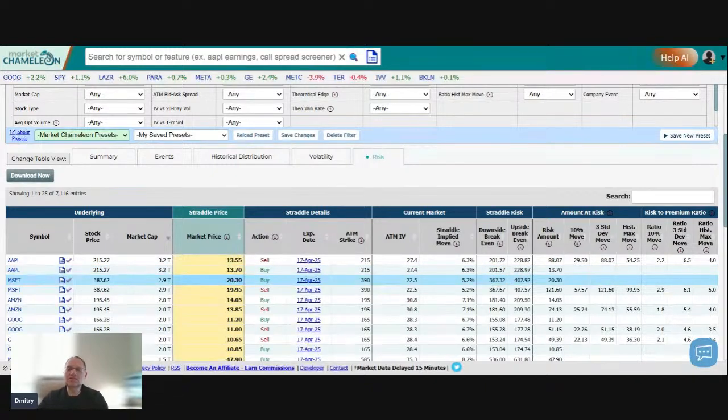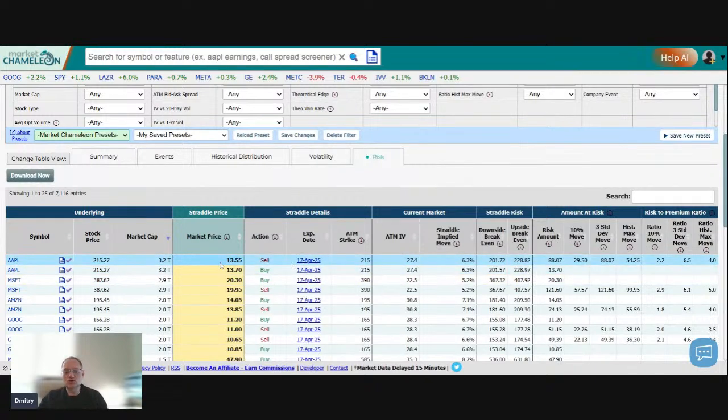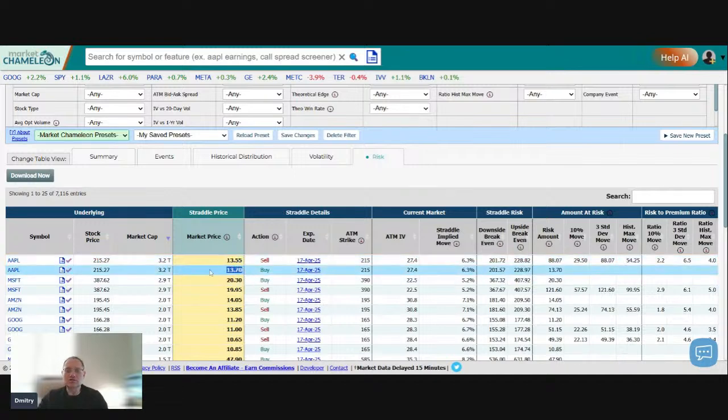Okay, so that's the idea between the break evens, and the reason they differ is because you're doing it at different prices here. We're analyzing this from the bid side, and this from the ask side.